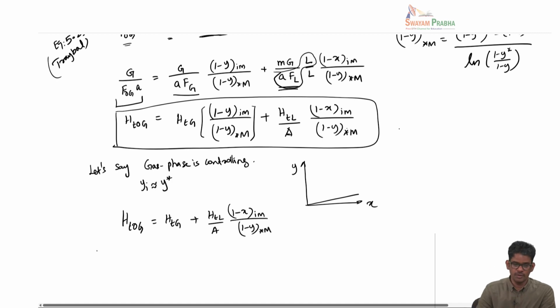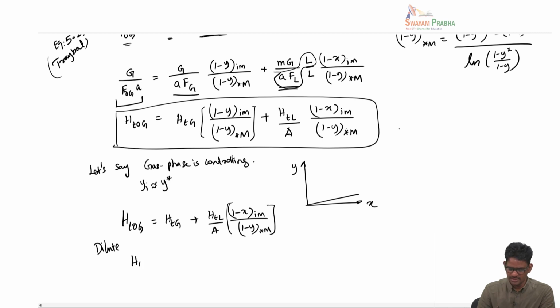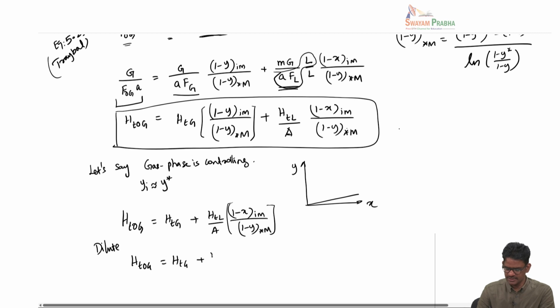And then if you want to make one more assumption, that these mixtures are entirely dilute, then this entire term can be approximated to 1, then you get HTOG is equal to HTG plus HTL by A.